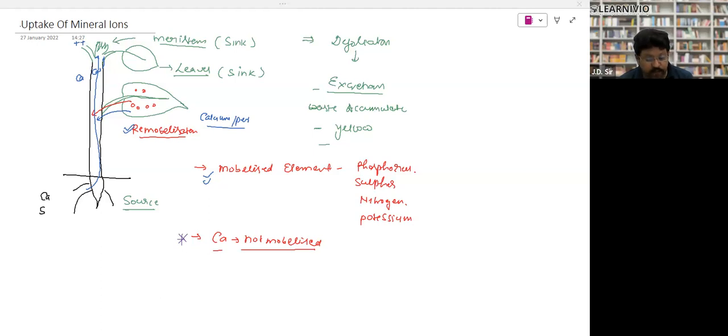The concentration of ions is some 100 times more in the root interior than the soil.